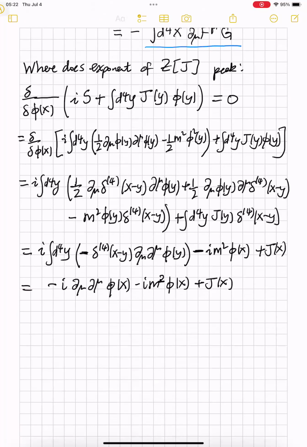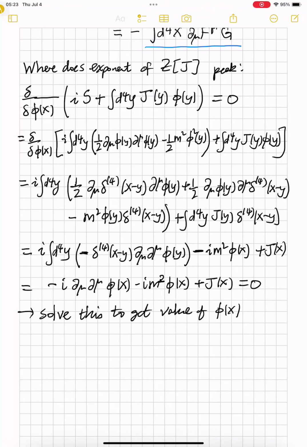If you solve this equation, and this is of course equal to 0, you will get the value of φ(x).